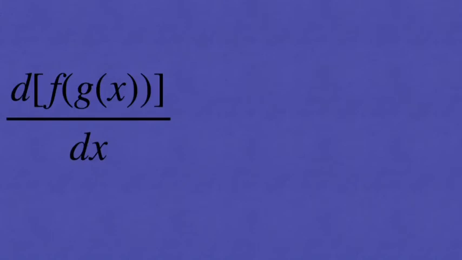So the derivative of f of g of x with respect to x, what is that? Well, when we do this with respect to x business, what we're really saying is, as x changes, what is the change in this, and what is the ratio, right?